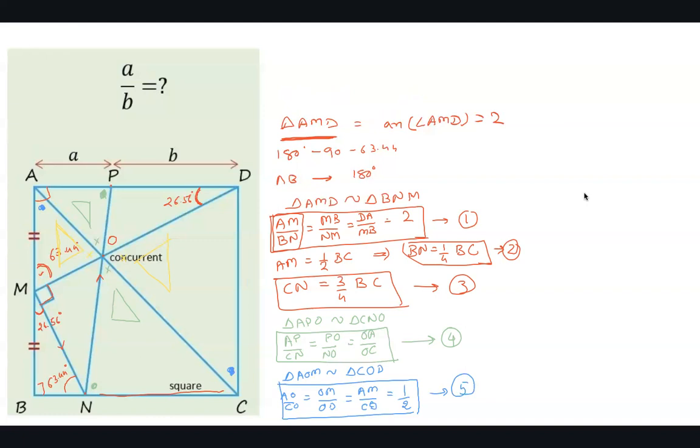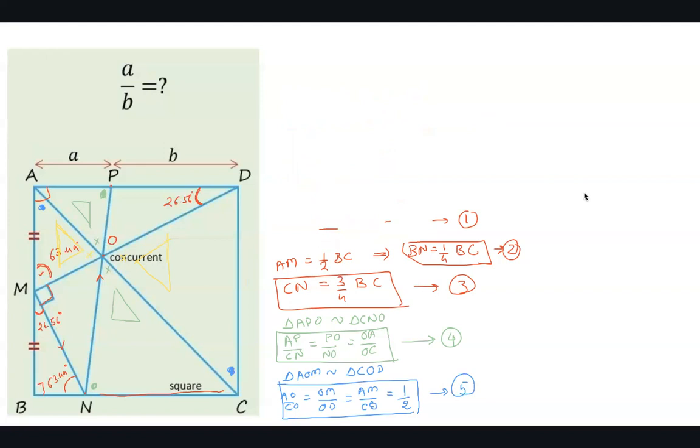Okay, to create some more white space for me, let me erase everything that has been established already. Now, when we move forward, let us compare results 4 and 5. We see this ratio OA over OC is the same for both results.